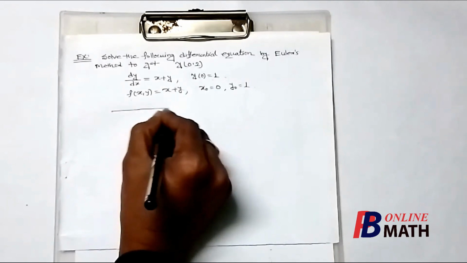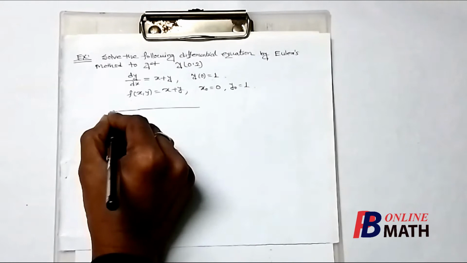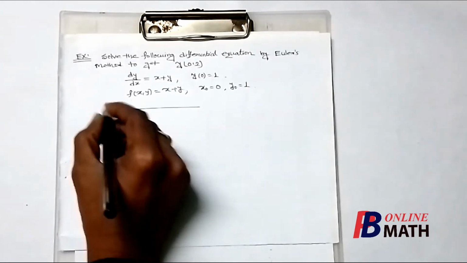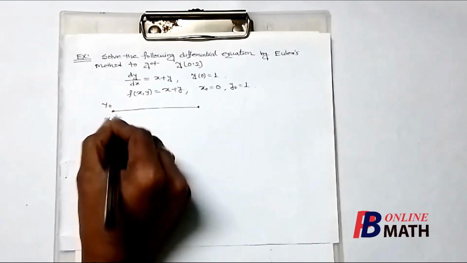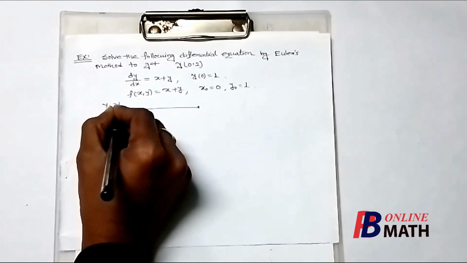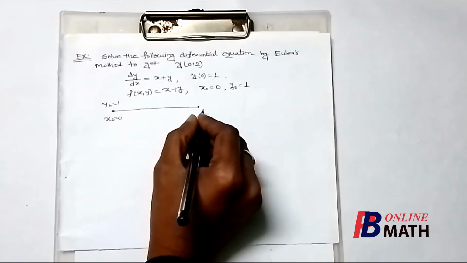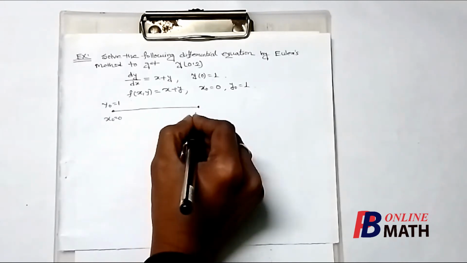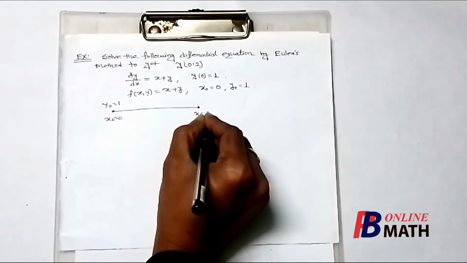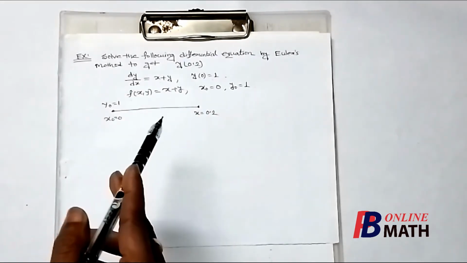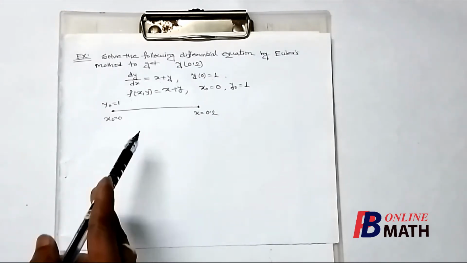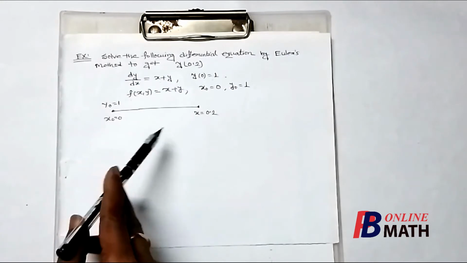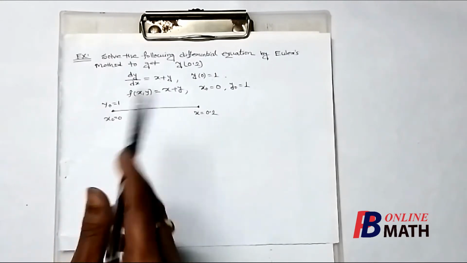That means this is x0, this is y0. Now this is x0 equal to 0, this is y0 equal to 1, and we have to find the value of y at the point x equal to 0.2. Now here h is not given, that means the length of the subinterval is not given. So first we shall assume that the length of the subinterval is 0.1.